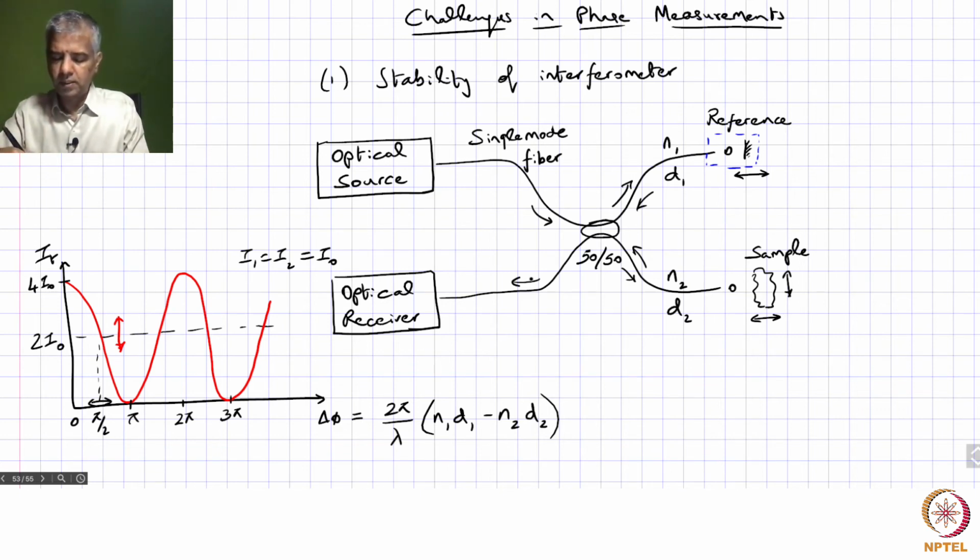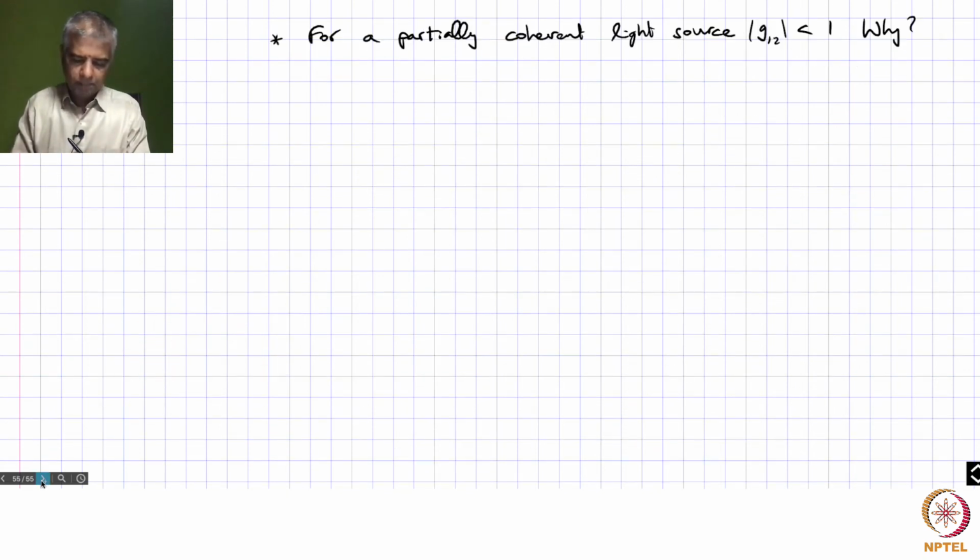So, what we see at the receiver is two delayed versions of the same source, right, because we just have one source here, and then we are just splitting into two and then recombining. So, when we look at this, we understand that we are looking at beating of a delayed version of a particular wave. So, what does that correspond to?